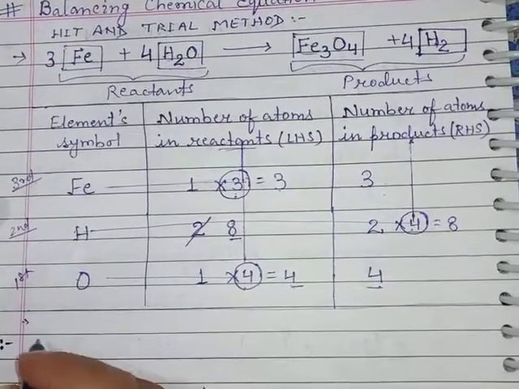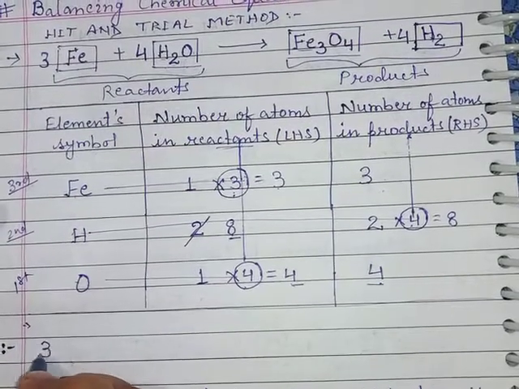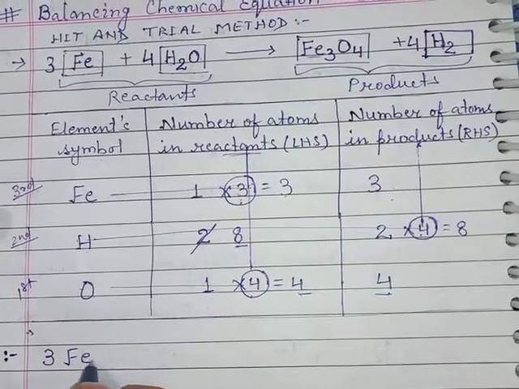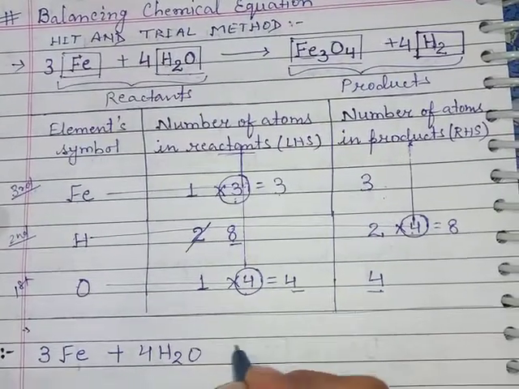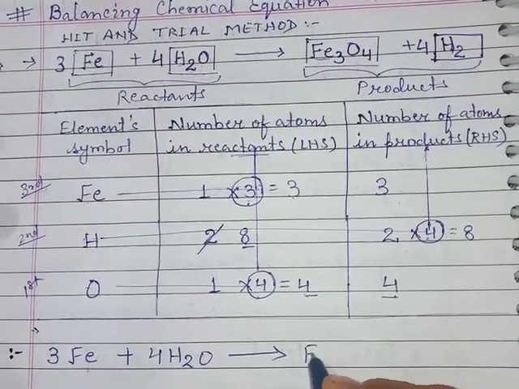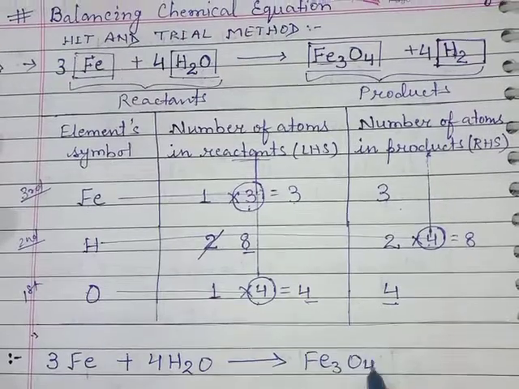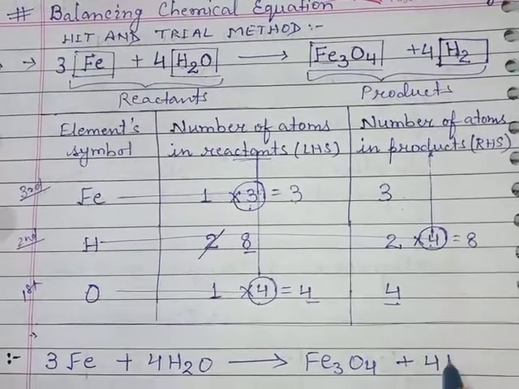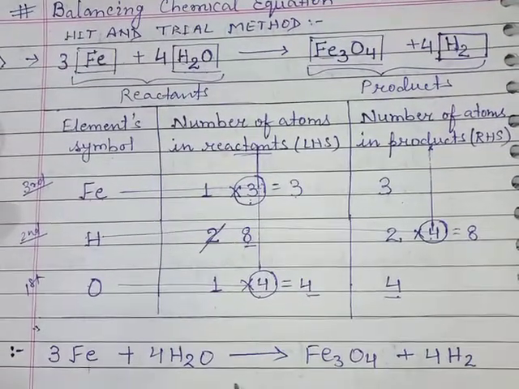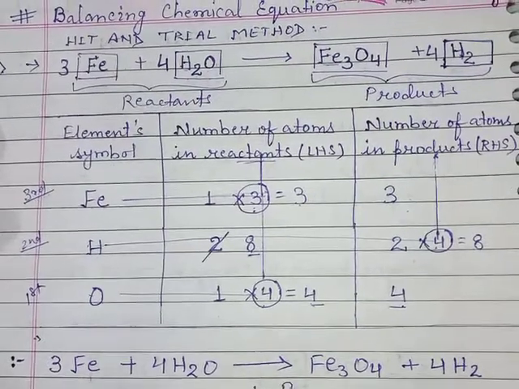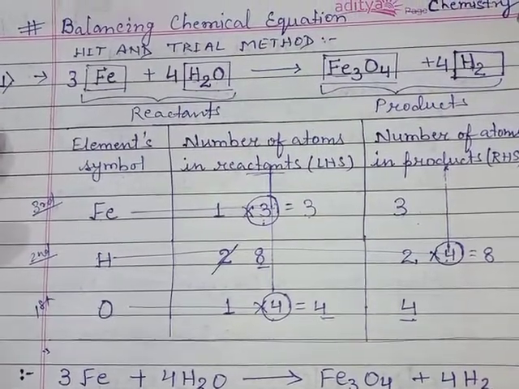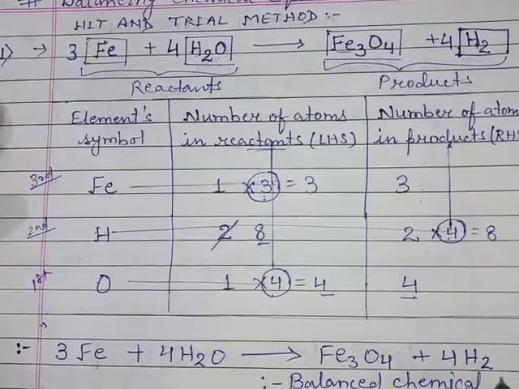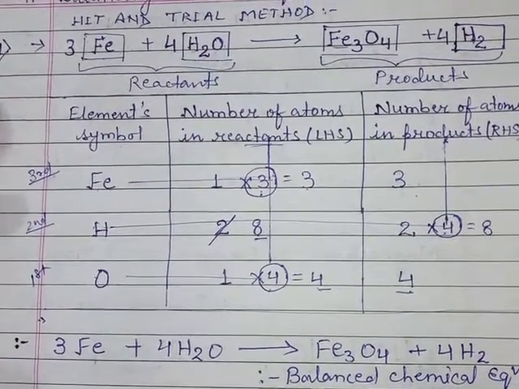So we can write the balanced chemical equation like this: 3Fe plus 4H2O gives Fe3O4 plus 4H2, and this is our balanced chemical equation.